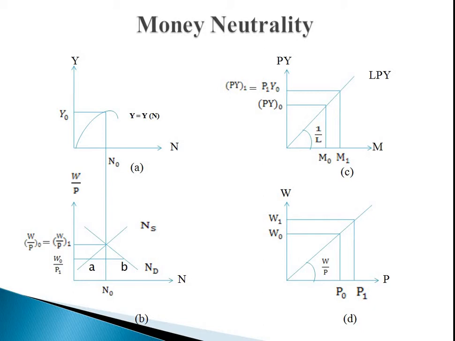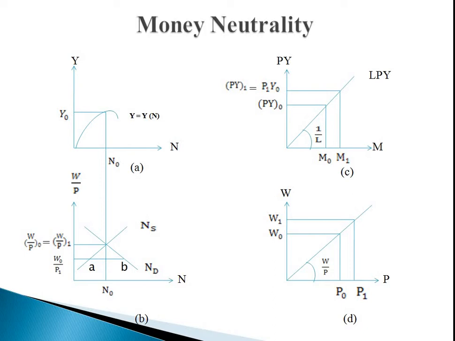But the classicals also said that this increase in money wage is in equal proportion to the increase in price level, which means that the real wage W by P remains the same. So the increased real wage W1 by P1 would now be equal to the initial real wage W0 by P0. We can see this in the figure that W by P0 is equal to W by P1.